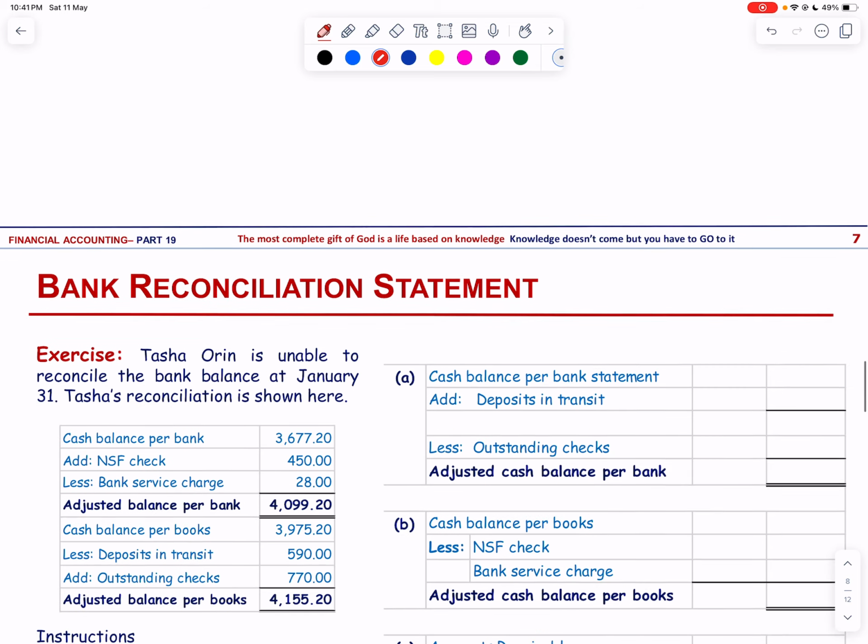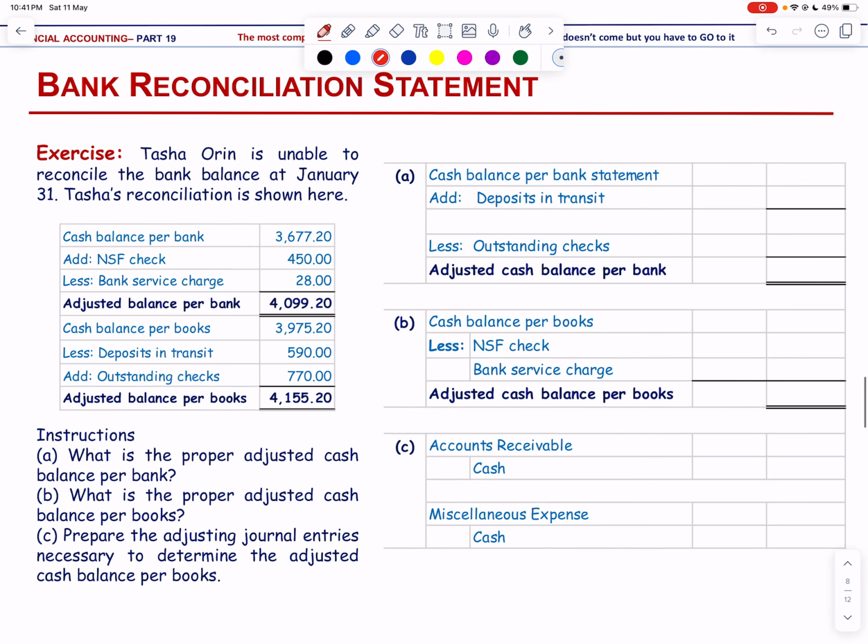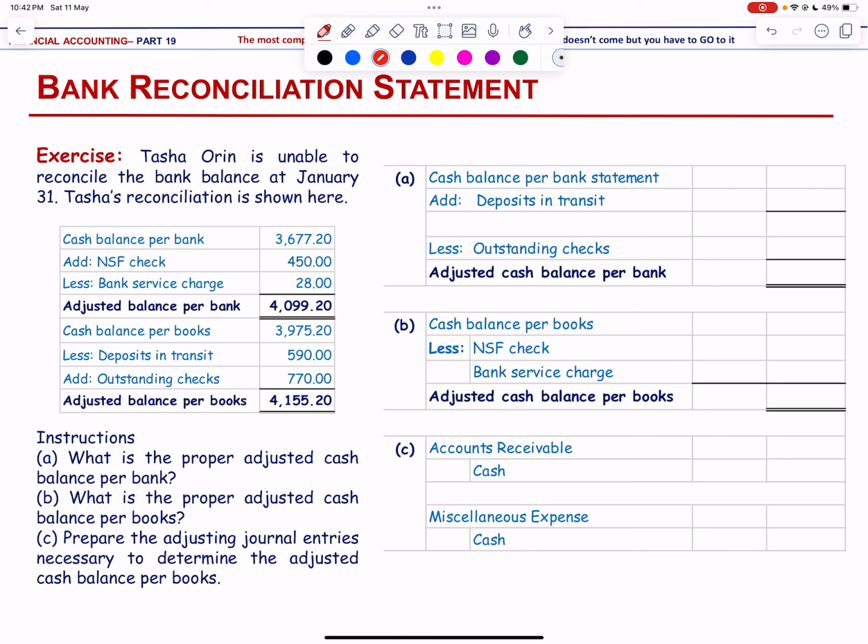Okay. Tasha Orin is unable to reconcile the bank balance at January 31st. Tasha's reconciliation is shown here. So what is the proper adjusted balance per bank? The cash balance as per the bank statement is 3,677.20. To this we are going to add the deposits in transit, that is 590.